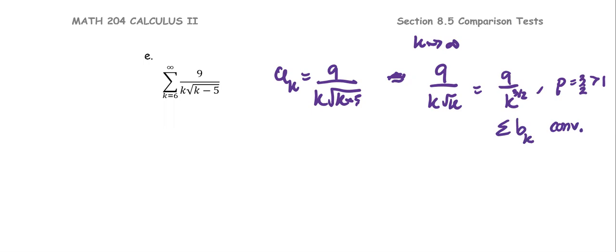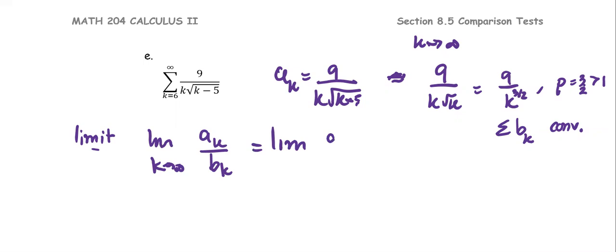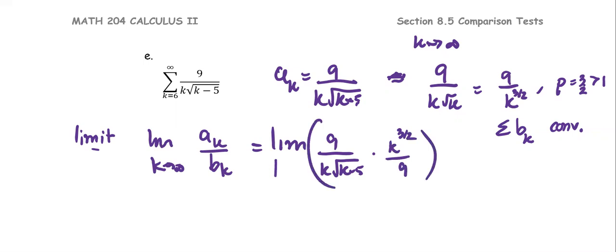You can use either the direct comparison test or the limit comparison test, but the limit comparison test is much more convenient. So find the limit of a_k over b_k as k approaches infinity, or the limit of 9 over k square root of k minus 5 multiplied by the reciprocal of b_k, which is k to the power 3 halves divided by 9, as k approaches infinity. k to the 3 halves is the same as k square root k.